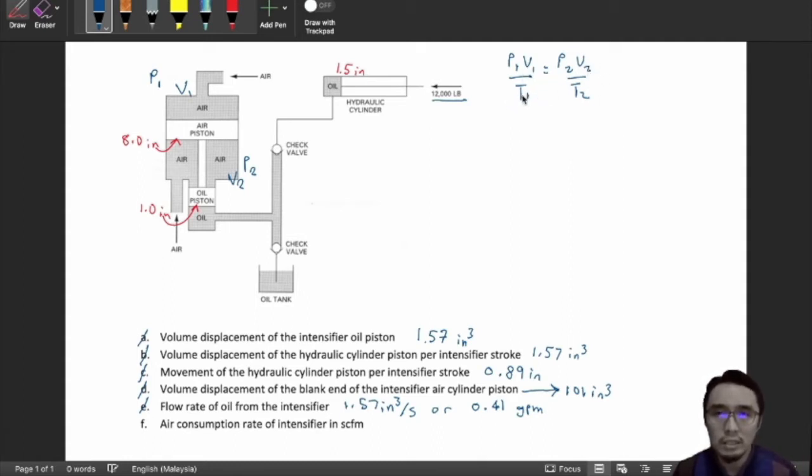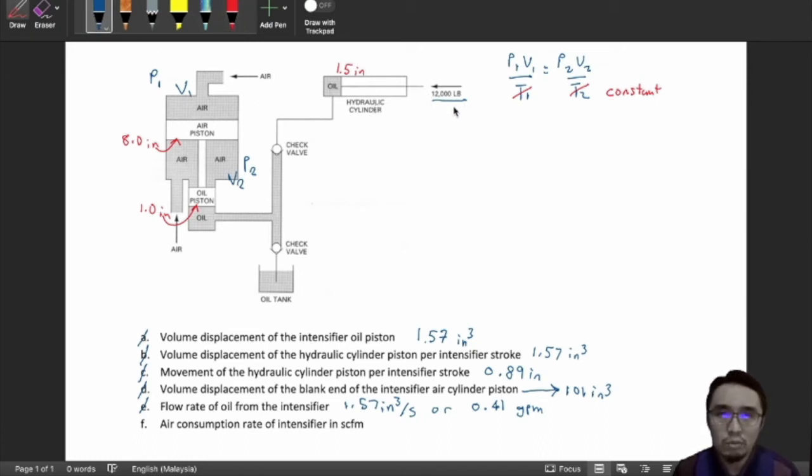In our case, we can remove T1 and T2 because we assume there are no changes in the temperature. So we just have P1 V1 is equal to P2 V2. So what will be P2? We need to find P2.